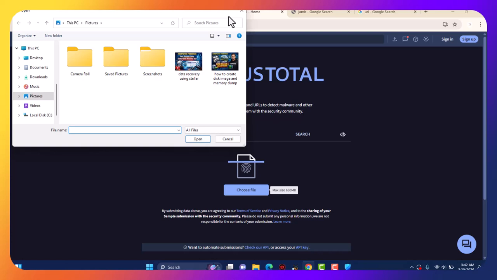If maybe the file is sent to you by email, you have to download it first, or you copy the file link. A file has a link.